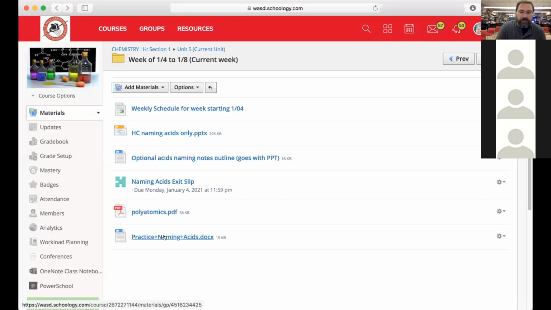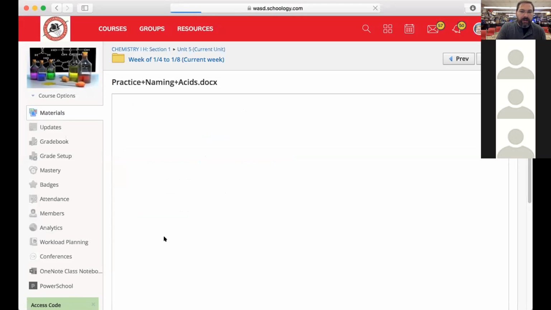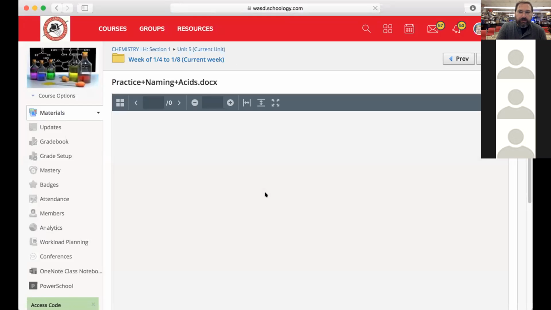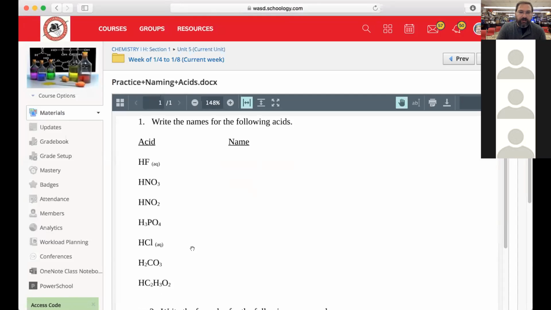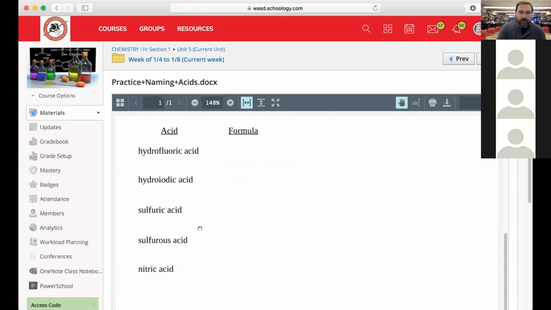This is the document where I was just showing the examples from. When you click on practice naming acids, there are some formulas at the top where you can try to figure out the name. And then there are names of acids toward the bottom, and you can write the formula for those. So these are practice, and these are practice.